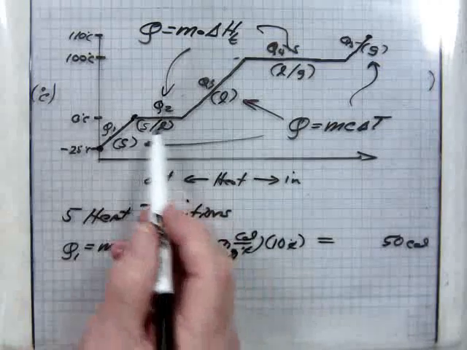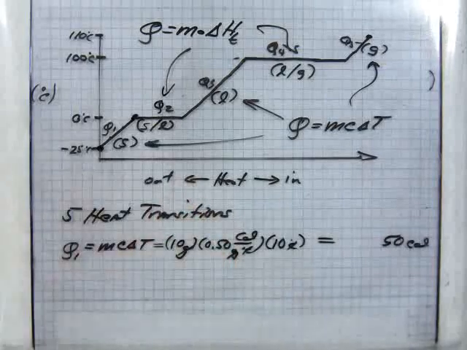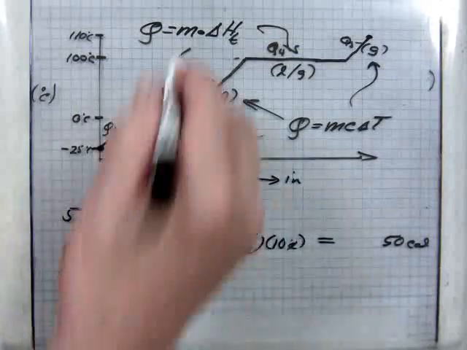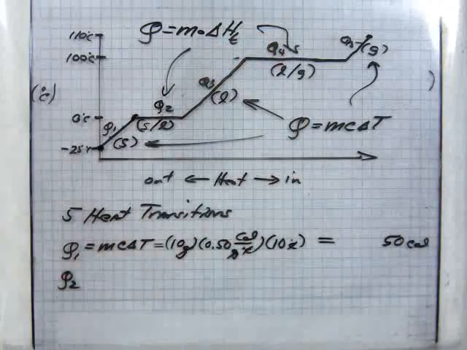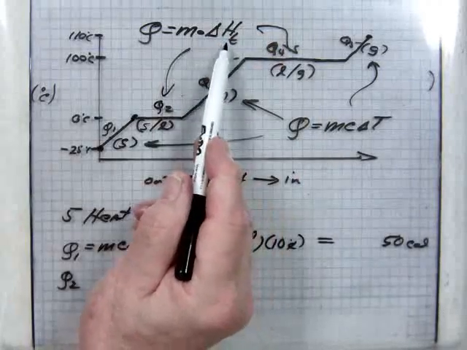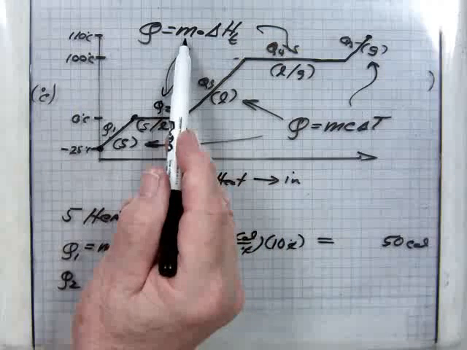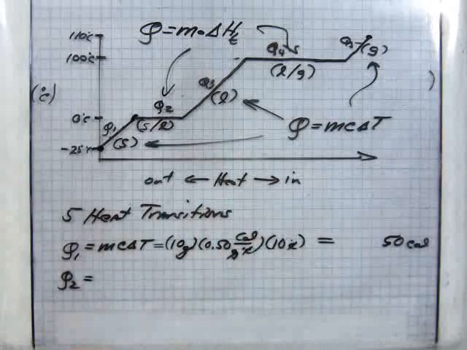Now the next region, the Q2 region, is a flat horizontal slope. So Q2 uses the M delta H transition, and since it's melting, it will use the constant heat of fusion, the 80 calories per gram times the 10 grams, and we can get the heat needed to melt the 10 grams of ice.